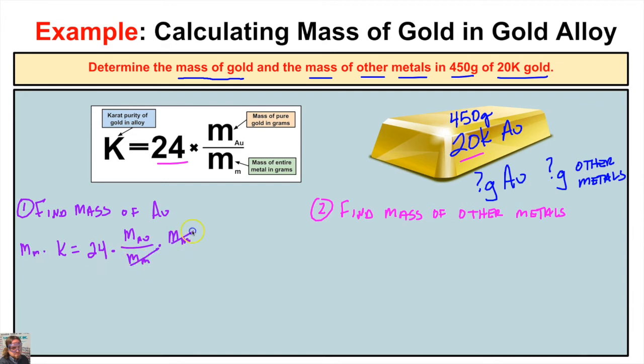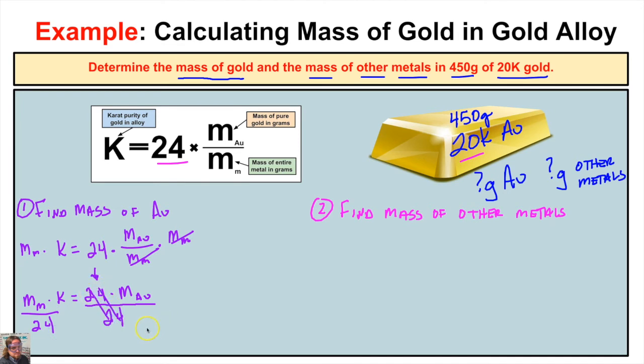Mass of the metal now cancels, and so what we end up with is mass of the metal times the carat purity equaling 24 times the mass of gold. But we're trying to isolate mass of gold, so we need to get rid of 24 from the right hand side of our equal sign, and so we'll divide both sides by 24.